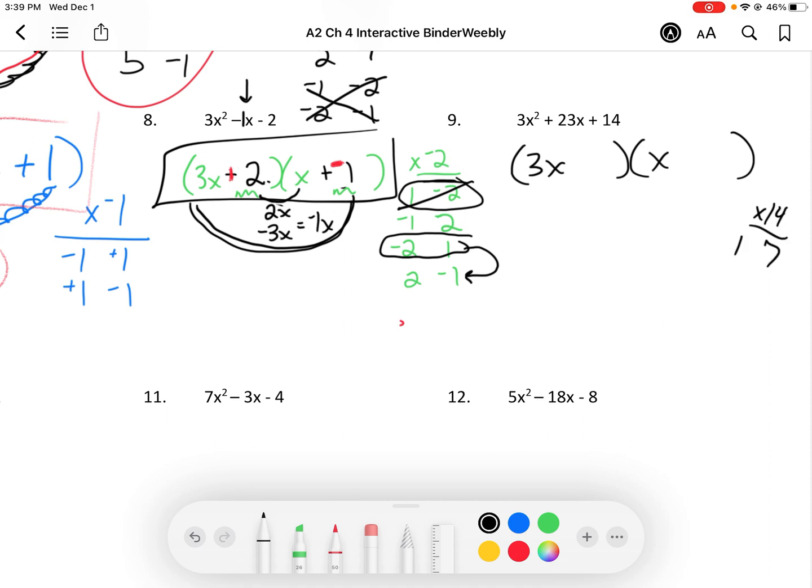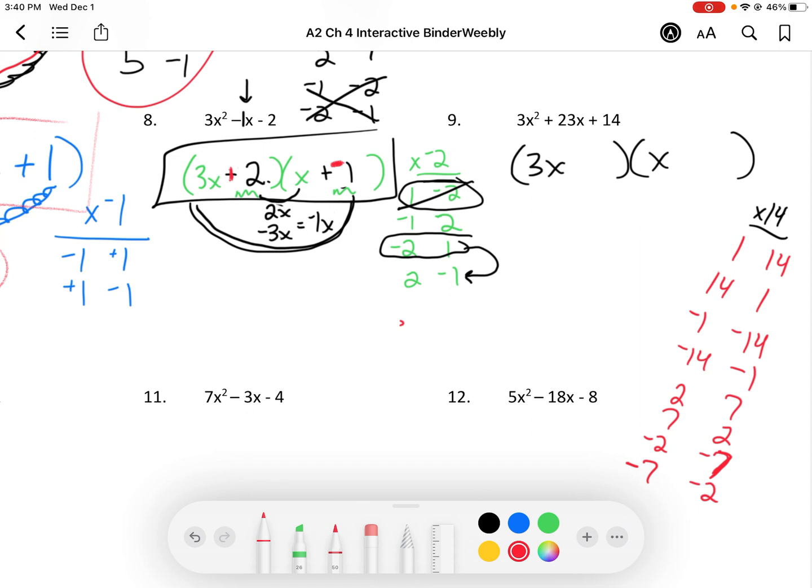So 14 is 1 times 14, 14 times 1, -1 times -14, -14 times -1, and then 2 times 7, 7 times 2, -2 times -7, -7 times -2. 8 combinations.